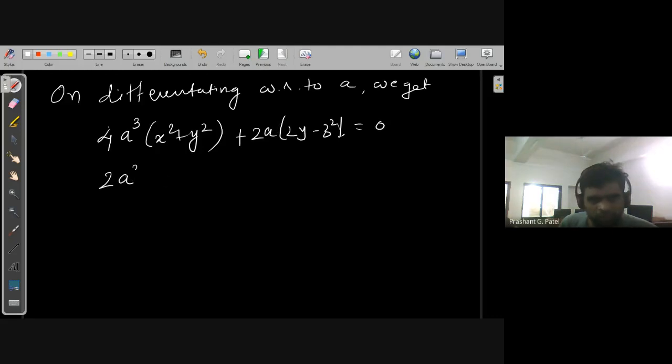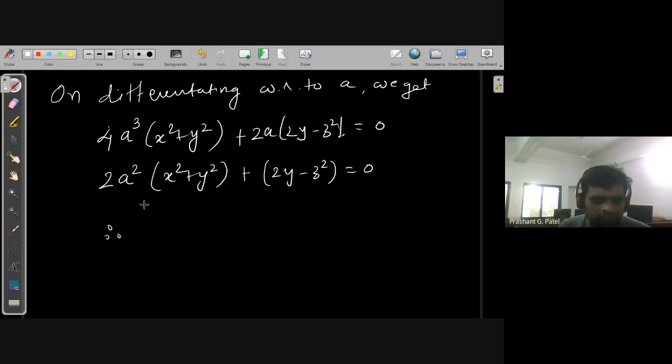So we have 2a square into x square plus y square plus 2y minus z square equal to 0. So that leads to the value of a square will be 2y minus z square upon 2 into x square plus y square. So this will be the value of a square.